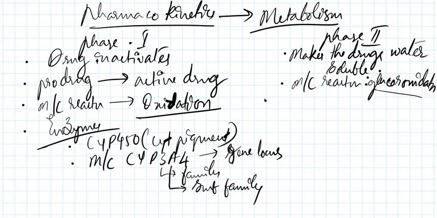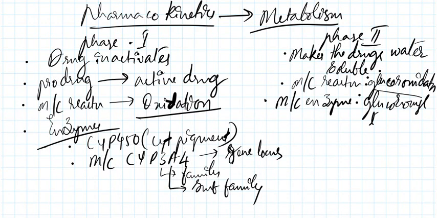Okay. Now, most common reaction is glucuronidation. Now, what is the most common enzyme? It's glucuronyl transferase. See, it's in the name itself. Glucuronyl transferase. Now, I think we heard this glucuronyl transferase somewhere.